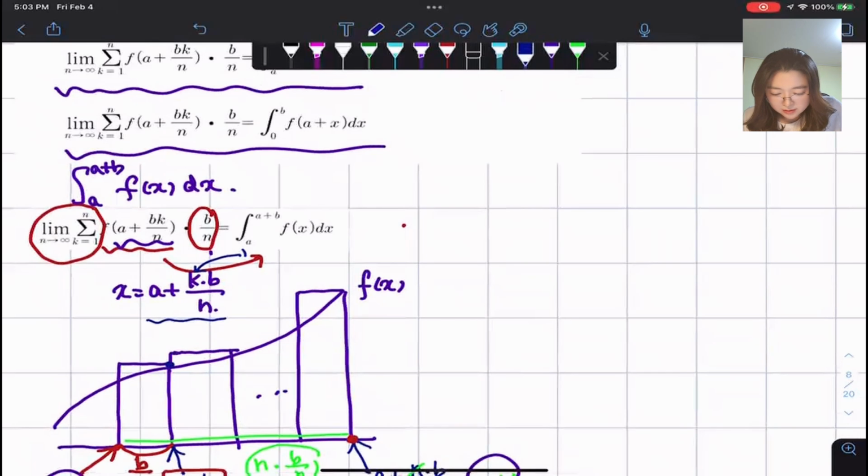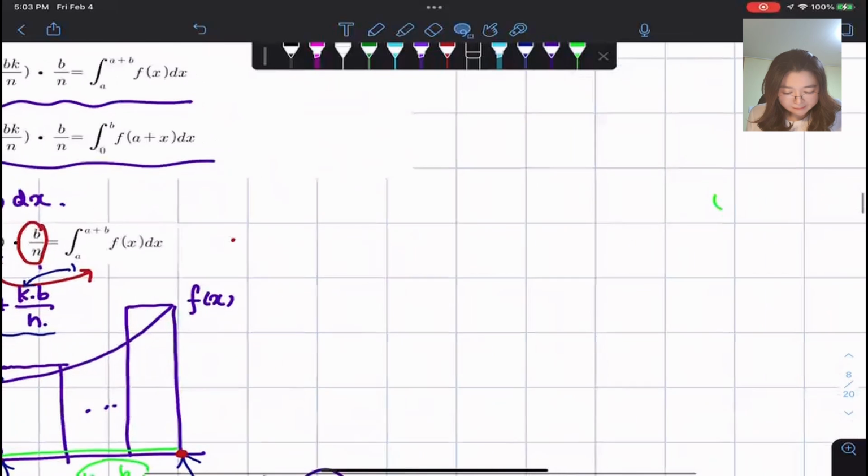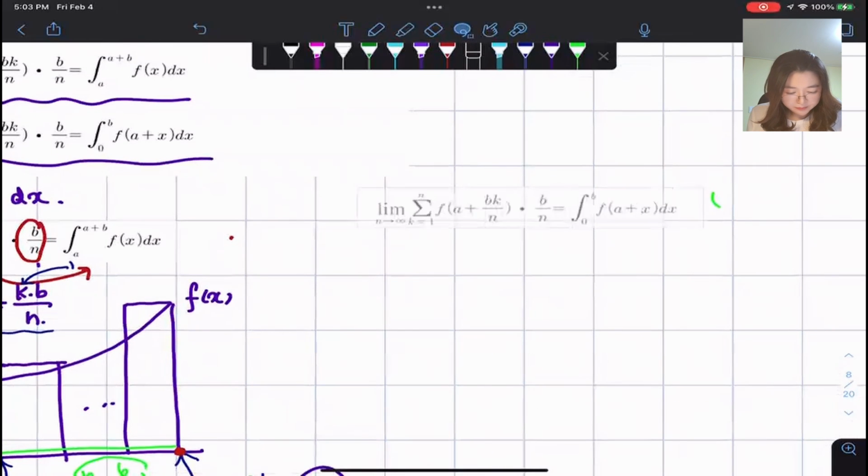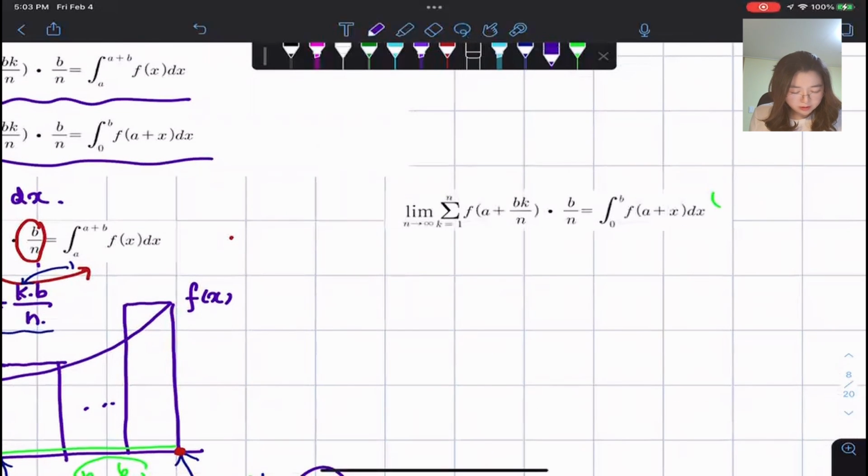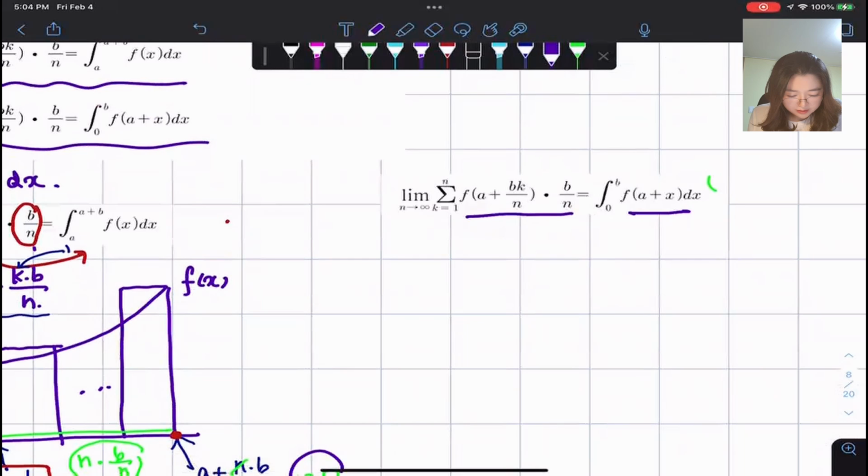Look at the second equation. In this case, we try to change this form like this. Let's check the x coordinate: k times b over n.